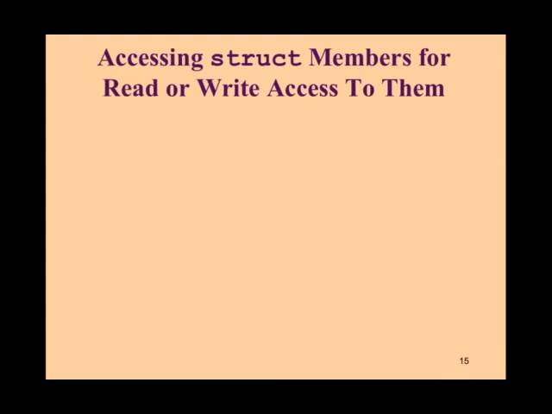Very important topic: accessing a struct member for read and write access. We use the dot notation for selection of the members. In arrays, you use the square bracket notation and a subscript 0, 1, 2, 3.